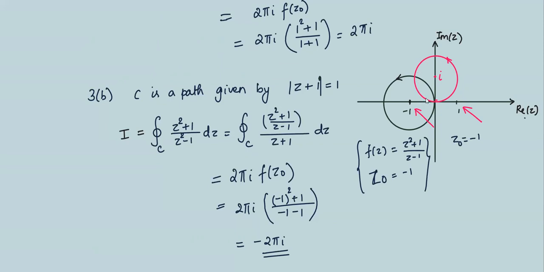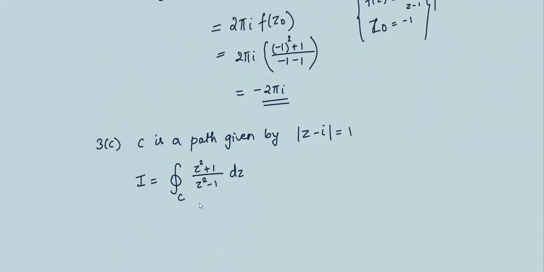So this contour is simply connected, all points within this circle, the entire function is defined. So there is no problem. Thus, according to Cauchy's integral formula, the answer to this will be 0. Only if there is a singularity, then it's a problem. So the answer to this is 0.